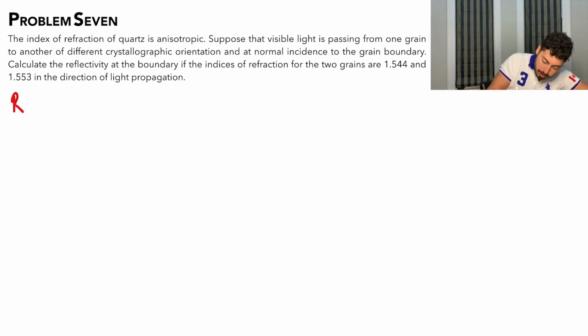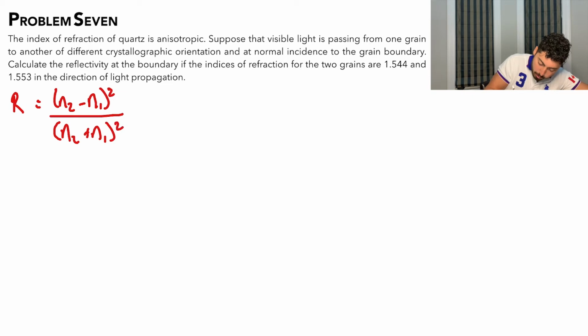So the Fresnel equation says that R is equal to (n2 minus n1) squared divided by (n2 plus n1) squared, where n1 and n2 are the indices of refraction of the two surfaces respectively, and R is obviously the reflectivity. So all we have to do is simplify this by substituting our values.